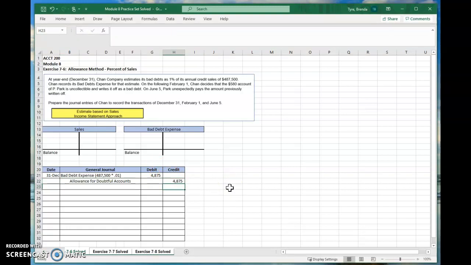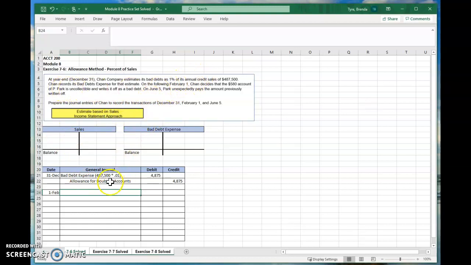Then on February 1st, they decided that they did identify an account, P Park, as uncollectible, and they wrote it off as a bad debt. So on February 1, we're going to take a look at our accounts up here.